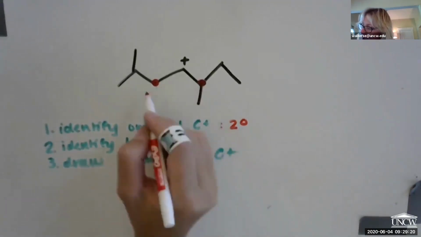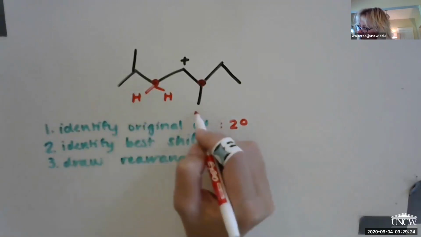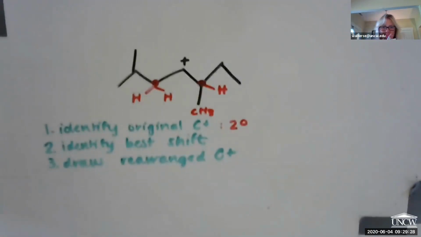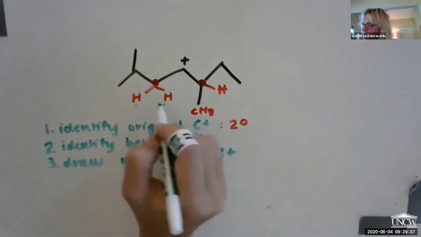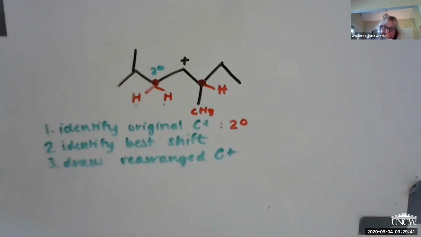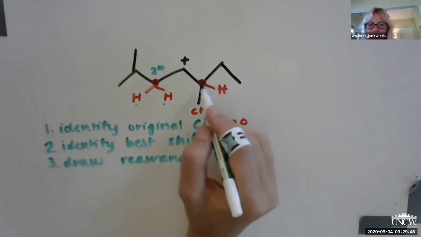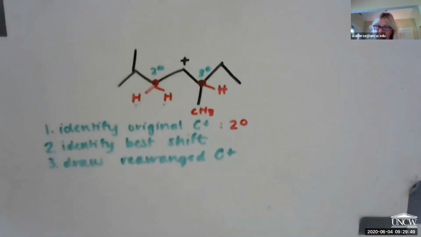On these 2 carbons, we have 2 hydrogens, a methyl, and a hydrogen. If we use these 2, the carbocation will end up secondary. If we use something over here, the carbocation will end up tertiary.